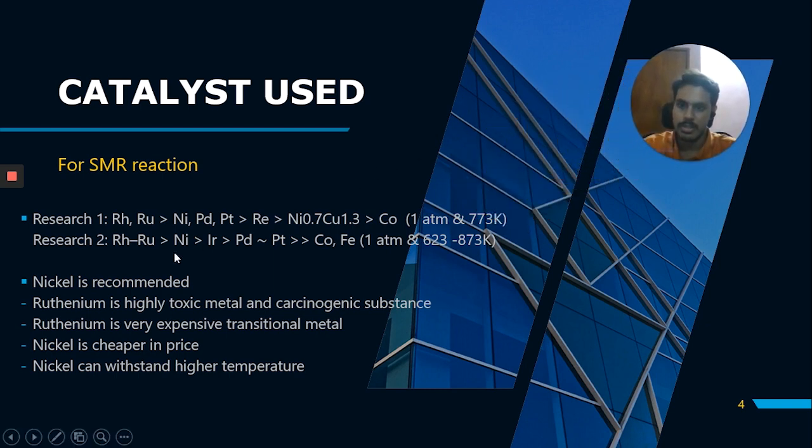However, nickel is recommended because although ruthenium has a better relative activity than nickel under operating conditions of 550 to 700 degrees Celsius, which is our operating condition of the steam methane reforming reaction, ruthenium is a very highly toxic metal and regarded as a carcinogenic substance. It is also considered a very expensive transition metal, and nickel is cheap and easy to get. Furthermore, it can also withstand higher temperatures in comparison to ruthenium.